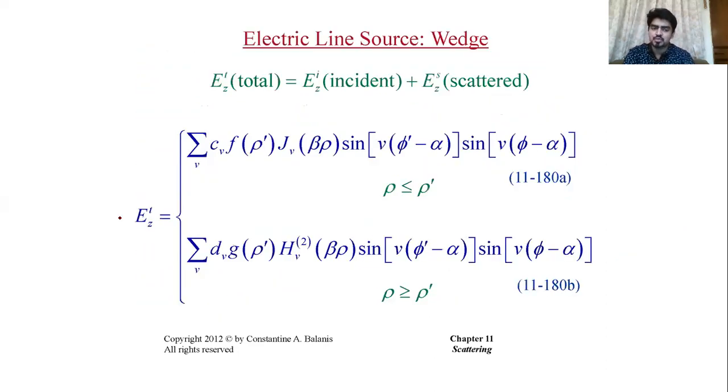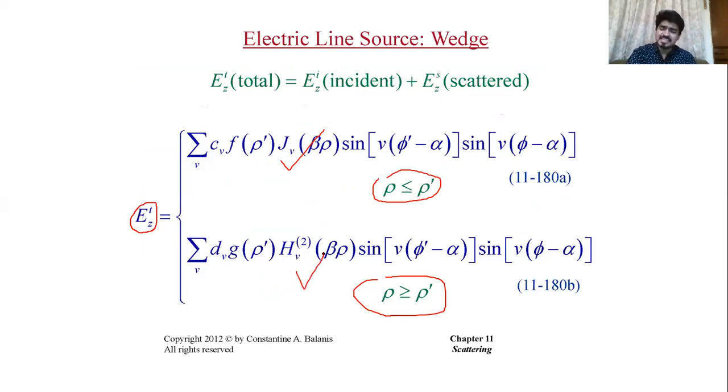Now we will assume what would be the total electric field, and again we will have two regions, region 1 and region 2. For region 1 you will have an infinite summation of Bessel functions, and for region 2 you will have the Hankel function of the second kind. Now in addition to that we will have additional functions.